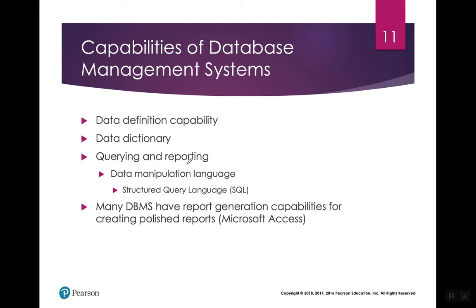It enables us to query and do reporting. So we can do what we call DML, data manipulation language, where I can define the structure. I can define what the table looks like.